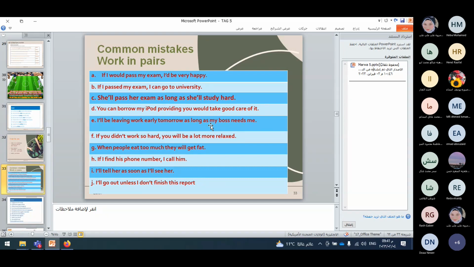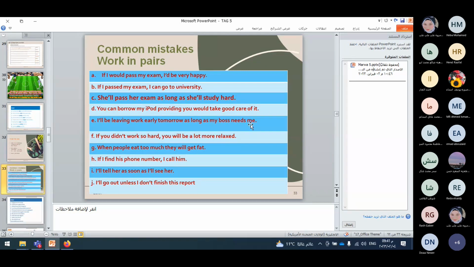And why are they likely to make this kind of mistake? So let's start. Sentence E. I'll read it for you. I'll be leaving work early tomorrow as long as my boss needs me. I will be leaving work tomorrow early as long as my boss needs me.